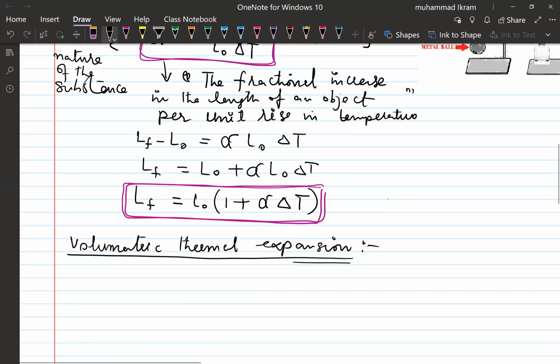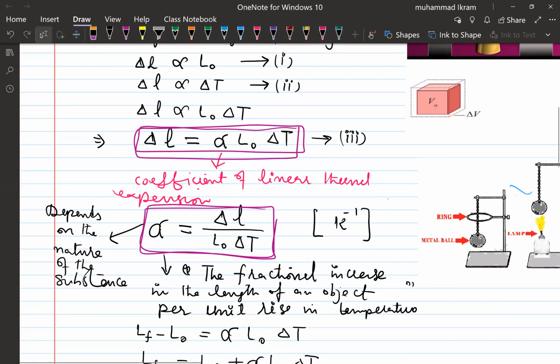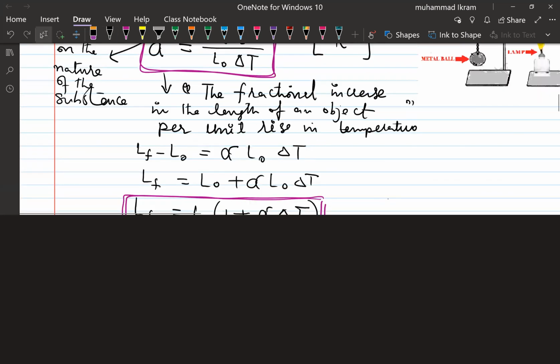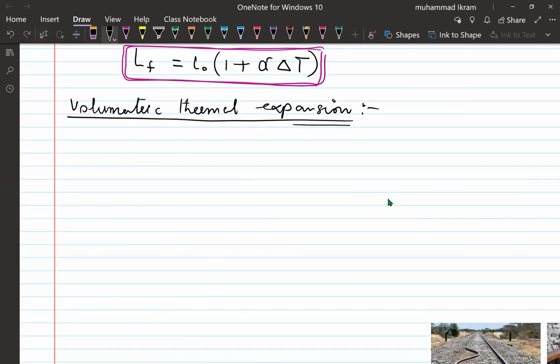Why? Because when you heat a substance, all its dimensions are affected.